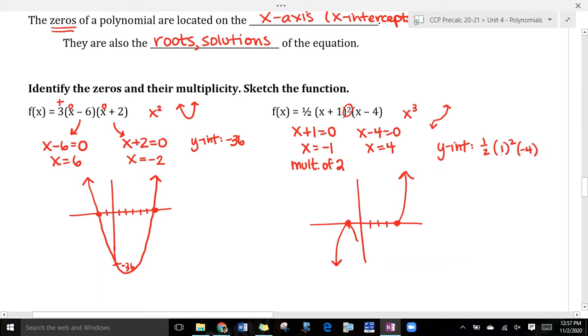So what's that? Half times 1 is just a half times negative 4, so negative 2. So this guy's actually pretty shallow. So I'm going to erase this a little bit. Let's adjust that. So it comes down to negative 2 before going up to the next one. But again, having the multiplicity of 2 means it hits the x-axis and bounces right back off before going through the other one.